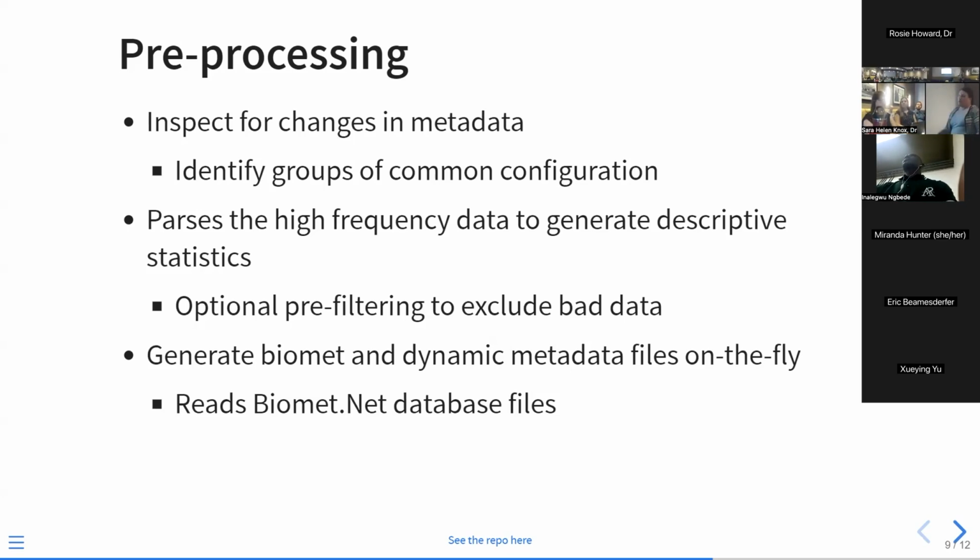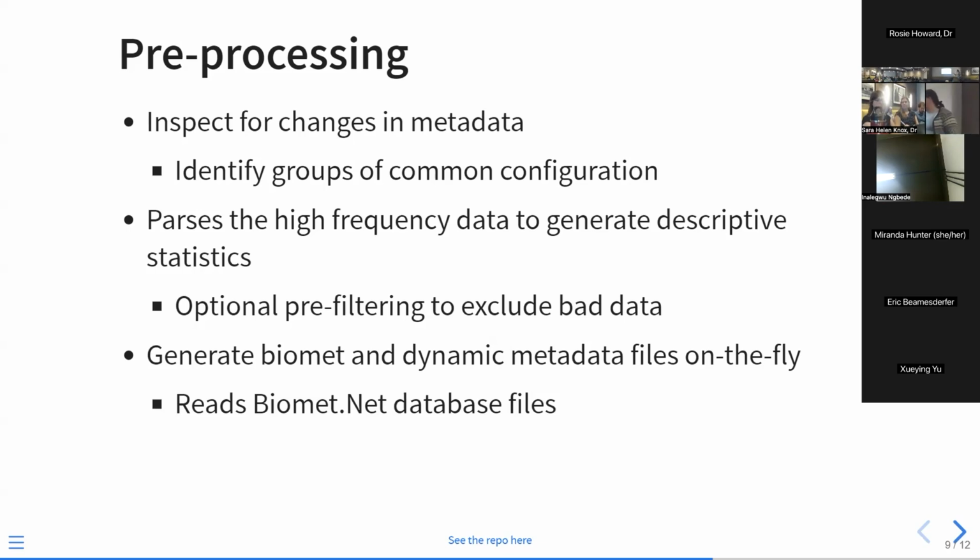So this will go through and check all of that and group the data into periods of unique or similar configuration. It can also parse the high frequency data to generate descriptive statistics, which you can use to pre-filter the data to, say, get rid of any time period that you know just isn't worth using. For instance, if the intake on the 7200 is clogged to the extent that your flow rate is really, really low and you're not going to get any usable flux data, you can just not bother processing that faster data to find out.